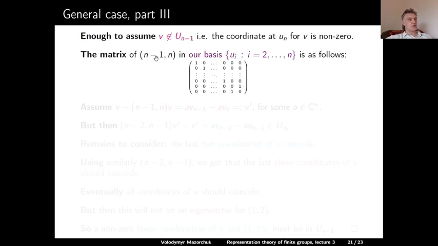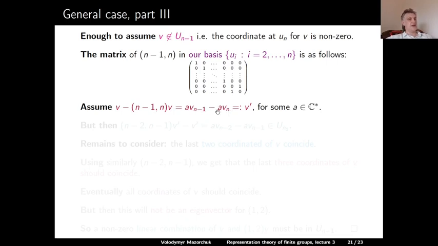So the transposition of n minus 1 and n in the basis Ui has the following matrix. It is identity everywhere up to the last two elements, which are swapped. If you consider the element v minus the image of v under this transposition, from this matrix it follows that this element has the form a v_{n-1} minus a v_n for some a.